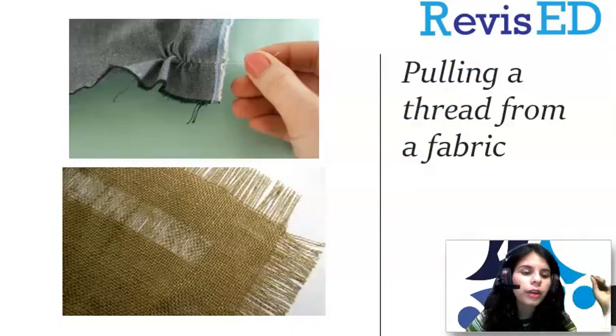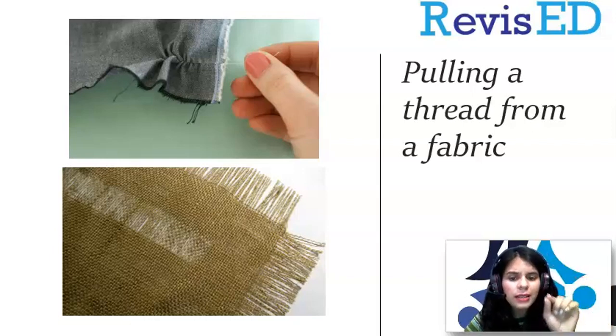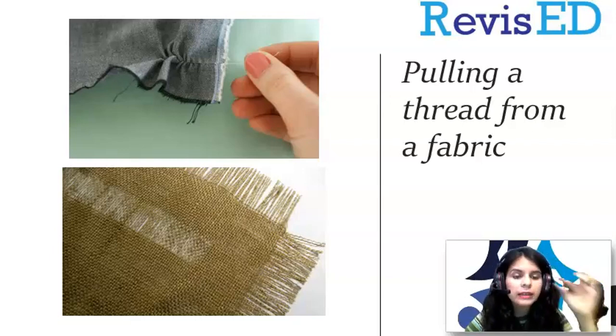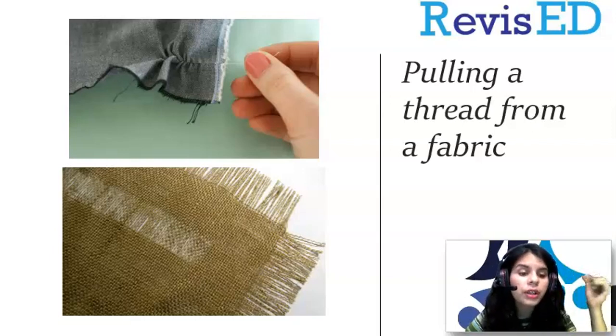What happens if I pull a thread from a fabric like this? The cloth will stretch out. If you can see in the second picture, if I pull a thread, there is an empty space there. This long thread is known as your yarn.